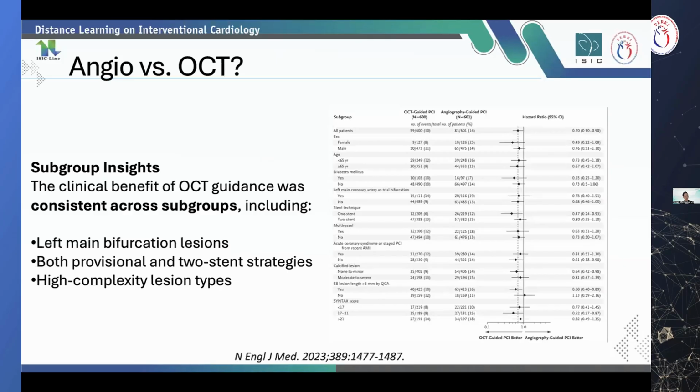However, the main result was consistent even in the high complexity lesion types. It means this data clearly shows we need to use an imaging device, especially OCT, for bifurcation PCI in daily practice.